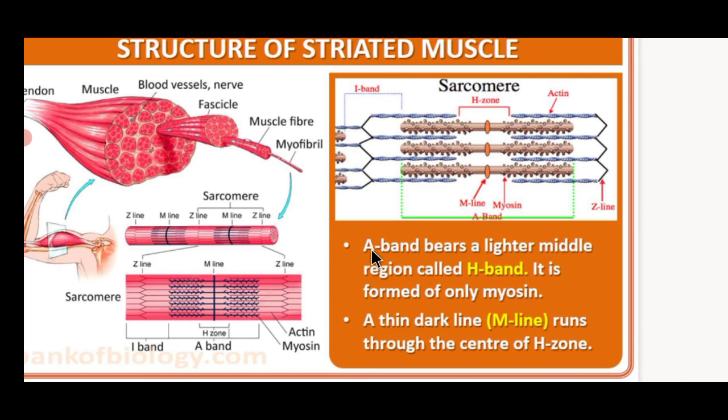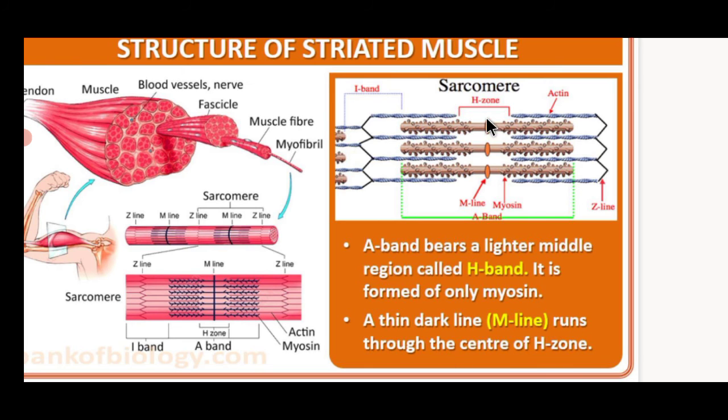Some more details. The A band bears a light middle region called the H band, which we have already studied. It is formed of only myosin. A thin dark line, the M line, runs through the center of the H zone.